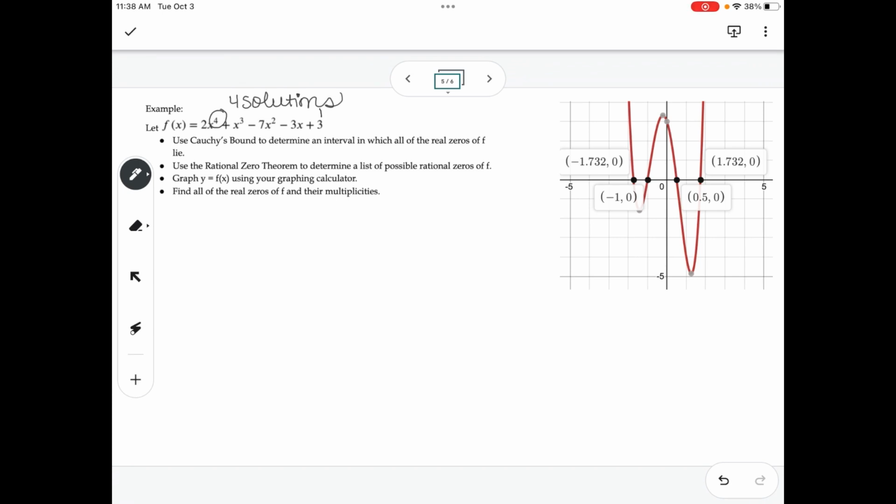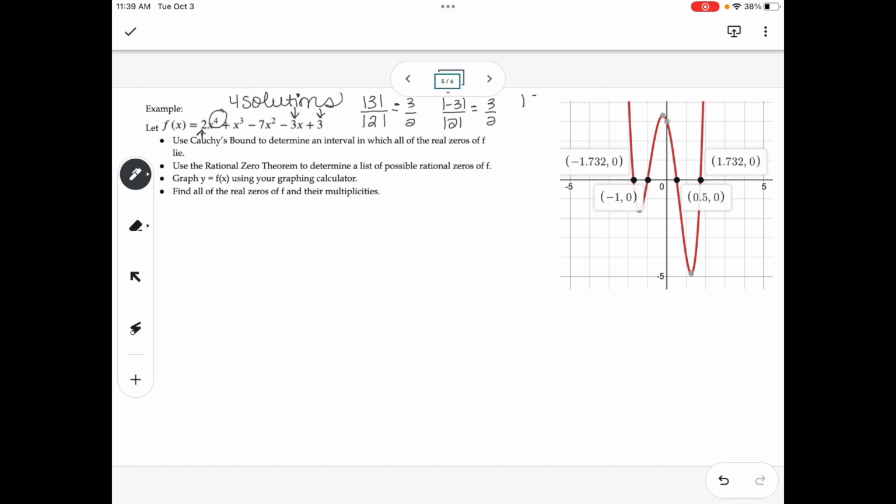So I'm going to look at each coefficient and put that over the absolute value of our leading coefficient. I'll have the absolute value of 3 over the absolute value of 2, which is 3/2. It will be repeated with this one since I'll have the negative absolute value of 3 over 2, which is still 3/2.